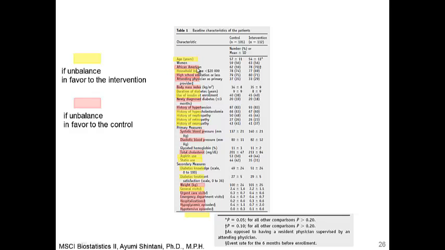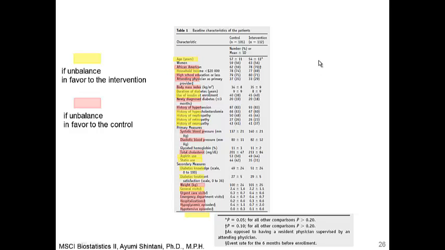And similarly, I judged numerically which one is higher or lower, and then I put yellow and red. So if the randomization happened properly, you should expect 50% yellow. If you start seeing more yellows, that may indicate randomization did not happen properly.